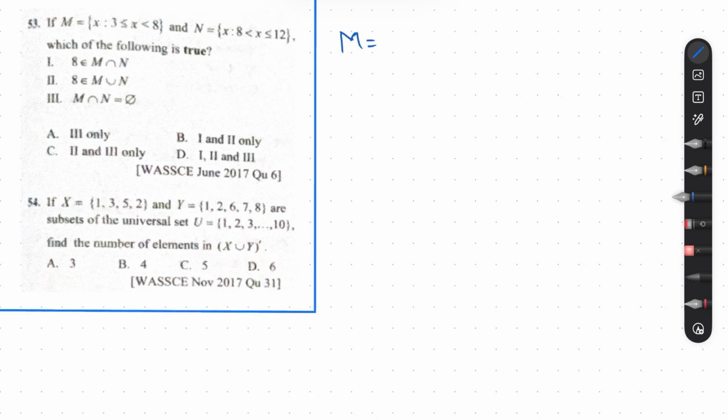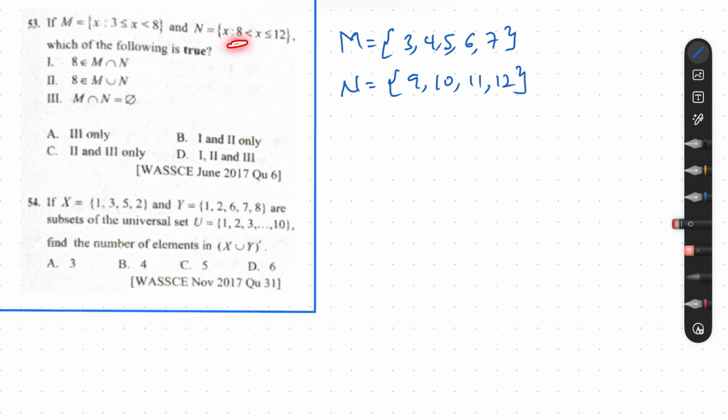The set M is equal to the set from 3 to 8: 3, 4, 5, 6, 7. 8 is not inclusive. And N is 9, 10, 11, 12. 8 is non-inclusive.